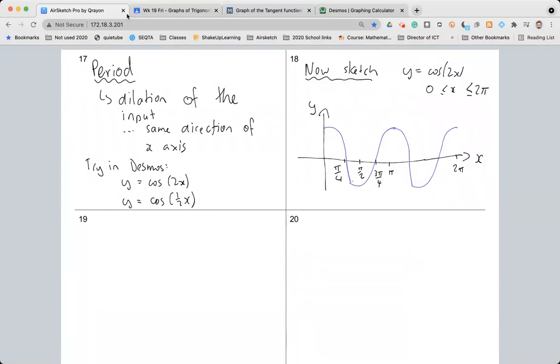Half between pi and 2 pi, that must be 3 pi here. Between pi and 3 pi, what's the halfway point of that one? 1.5 pi. So that's 3 pi on 2. And what's the halfway point between pi and 4 pi?